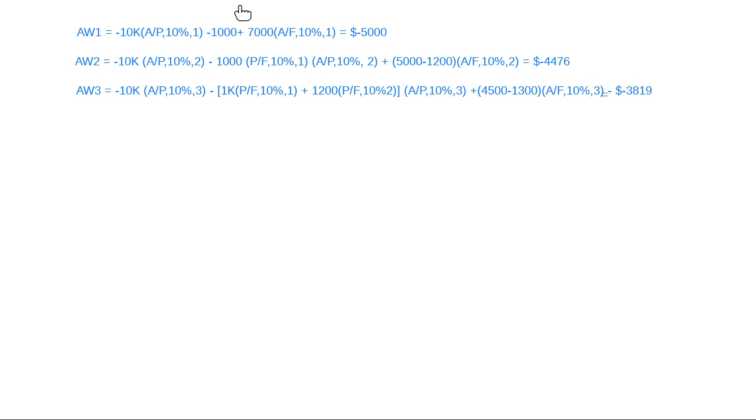Yes, both of them are correct. There is no wrong, as we said here. It would be easier for you to do this, but you can do it this way. You can have the 4,500 P given F for 10% for 3 years, and then times A given P for 10% for 3 years.